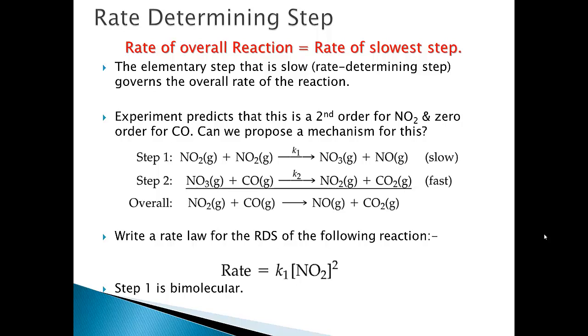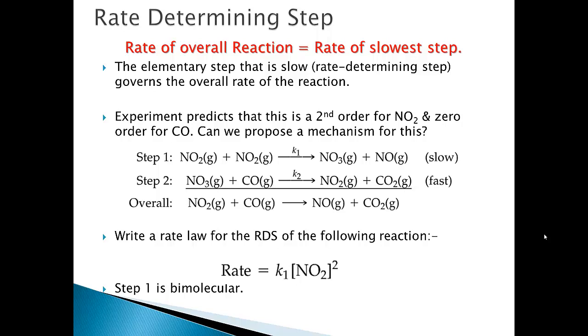Let's have a look at this one. So the experiment predicts that this is a second order reaction for NO2 and zero order for CO. Can we propose a mechanism for this? So if the overall was NO2 plus CO, that gives us NO plus CO2.